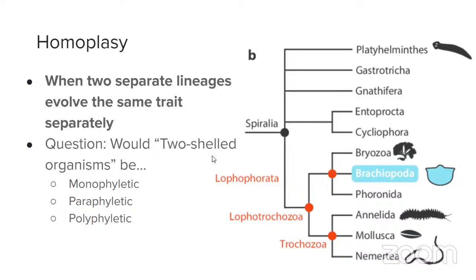If you're thinking about how two-shelled organisms physically function in an ocean, you might decide to talk about a group in that way rather than look at an evolutionary perspective. But for comparing it to phylogeny, we want to know that that group that we're talking about is polyphyletic, so coming from two sort of separate places on our tree of life. Okay, questions about these words or the phylogeny?